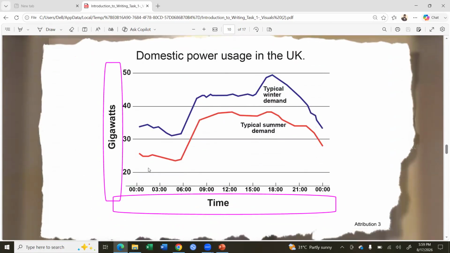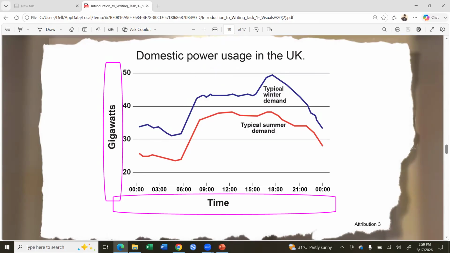Now, what you have to select is you have to understand that you have to discuss the gigawatts and then the time, right? 0, then 3, then 6, 9, 12, 15, 18, 21, right? It's the day, right? That how the power is used and gigawatts throughout the day.